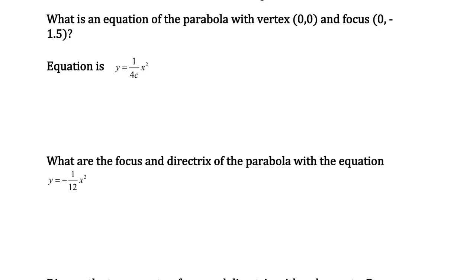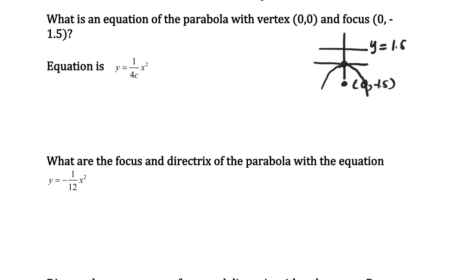What is an equation of a parabola with the vertex at the origin and the focus at (0, negative 1.5)? So my focus is right below the vertex, and so it's going to have to open downwards. So now my directrix is y equals 1.5.